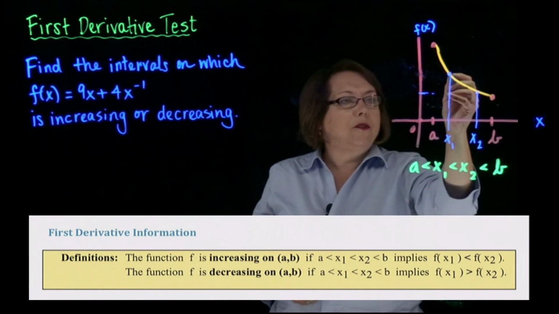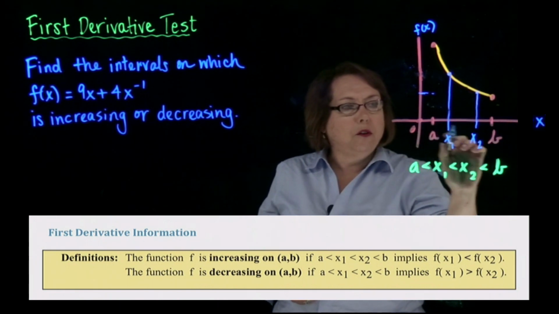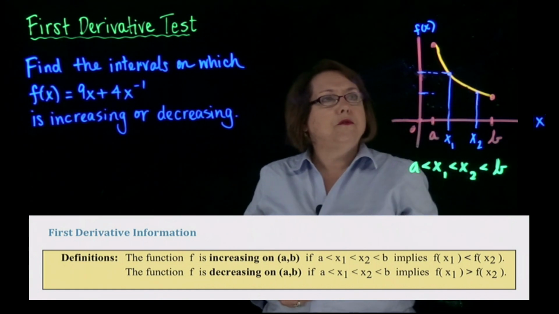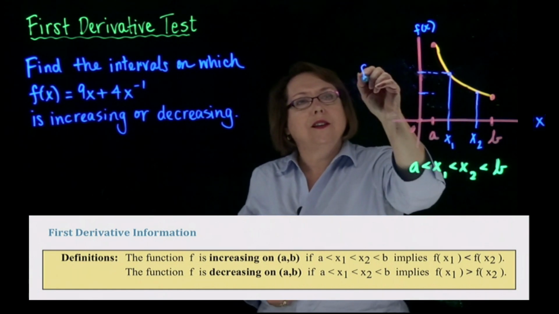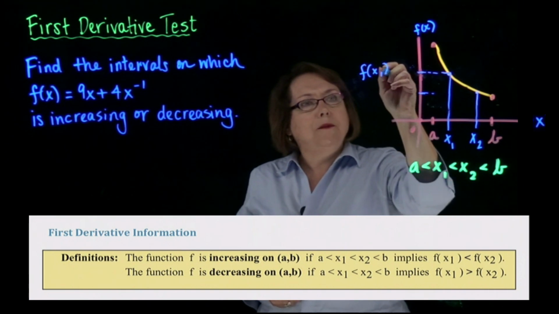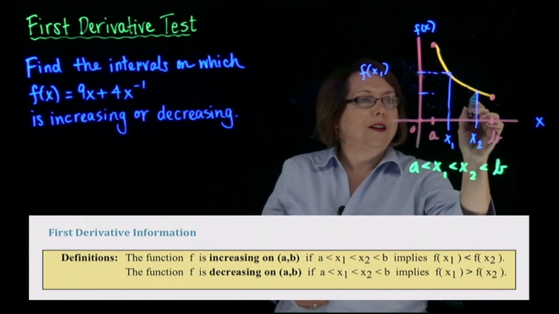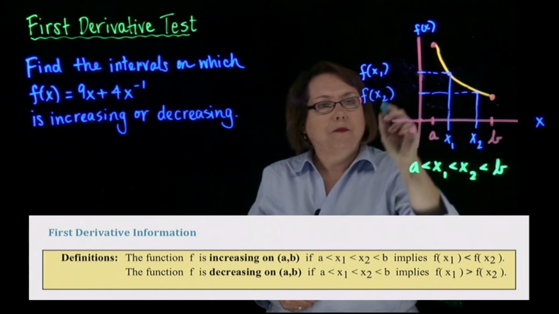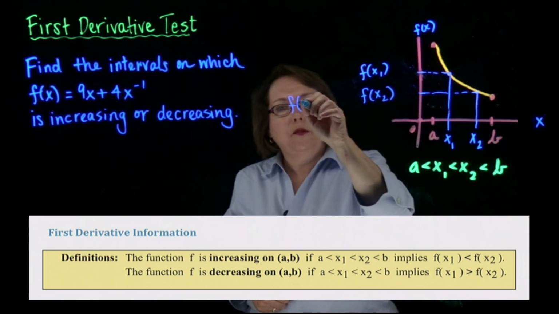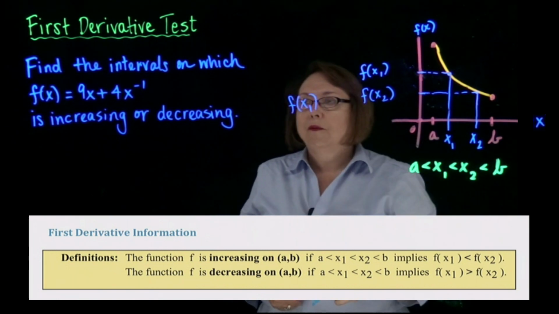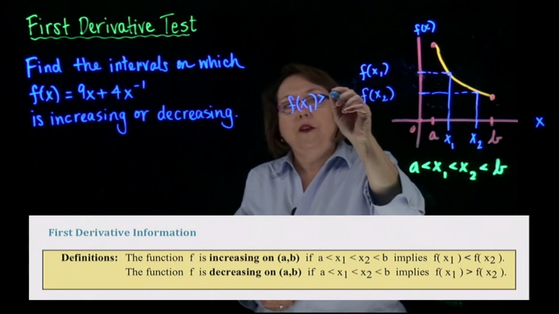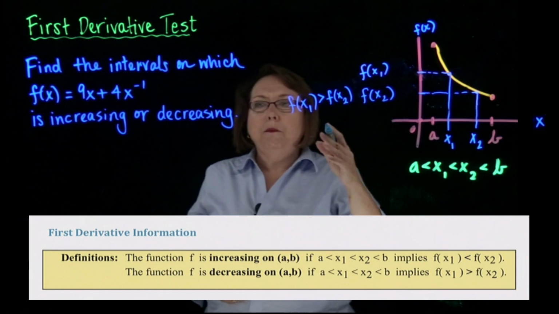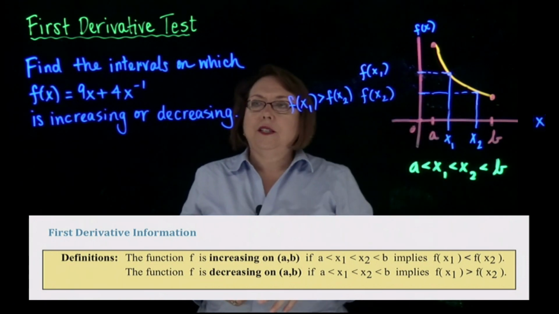Because we're coming down and x sub 1 is the smaller of the two values for x, when we go over to f of x, our y-axis, f of x sub 1 is higher than f of x sub 2. So again, in notation, f of x sub 1 is greater than f of x sub 2, defining what it means to be a decreasing function.